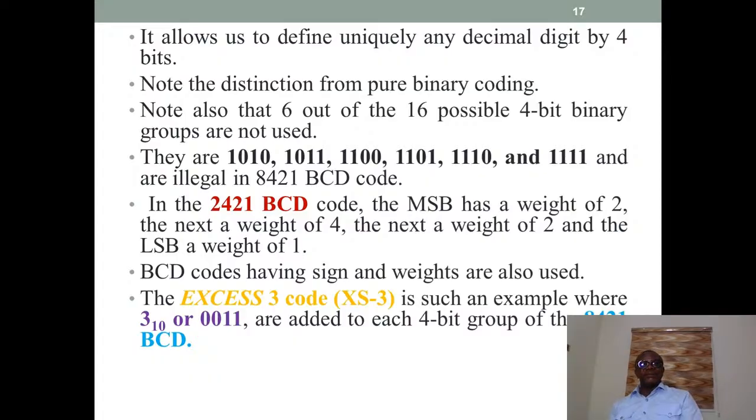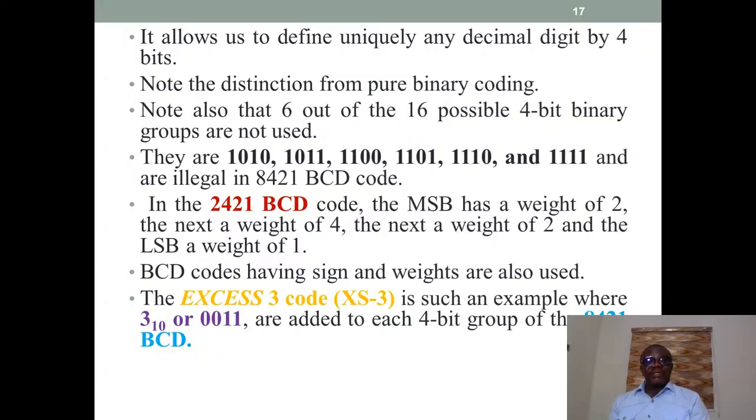So again, there is another BCD code called the 2421 BCD code. In this case, the most significant bit has a weighting of 2, the next a weighting of 4, the next a weighting of 2, and the least significant bit a weighting of 1.